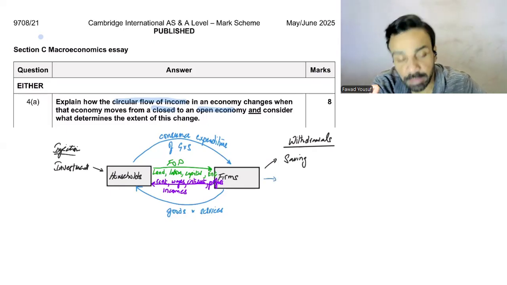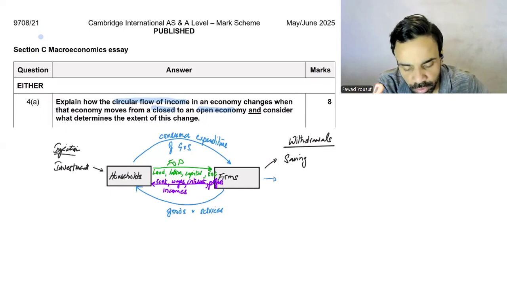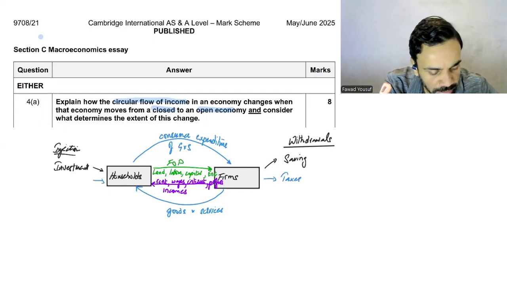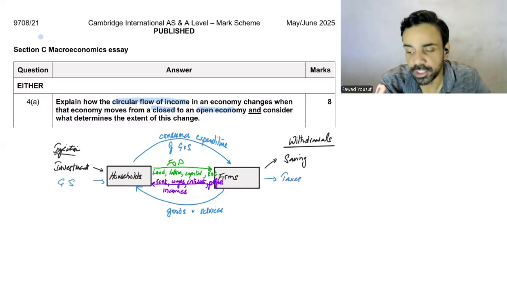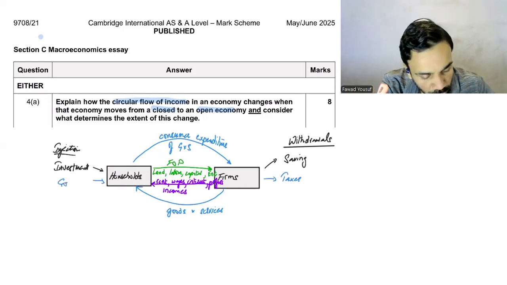And when you talk about a closed economy, that means we have a government also, and government taking taxes, money goes out, and then the government does spending. GS means not goods and services in this case, but we're talking about government spending.